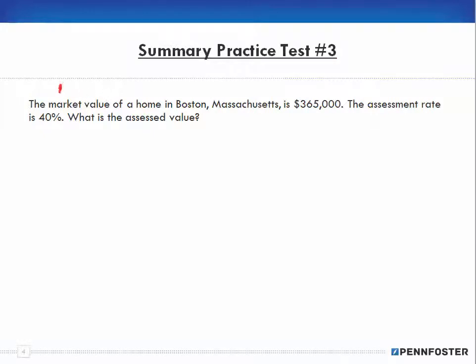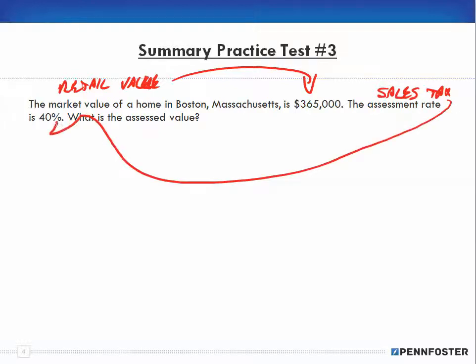Market value, I could have called that retail value. The assessment rate, my sales tax rate, I could have used that terminology. Sales tax rate is 40%. So what is the assessed value, or what is the sales tax, right?